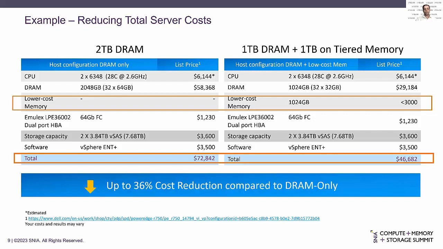On the left, you see a pure DRAM system, which is significantly higher cost. When you combine a significantly lower cost memory, it can help compensate for the DRAM that has been taken off, so you see a significant reduction in the cost. In this specific case, you can see up to 36% cost reduction compared to a DRAM-only system on the left.